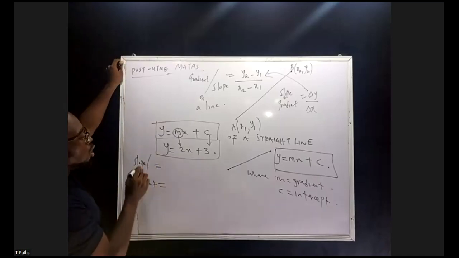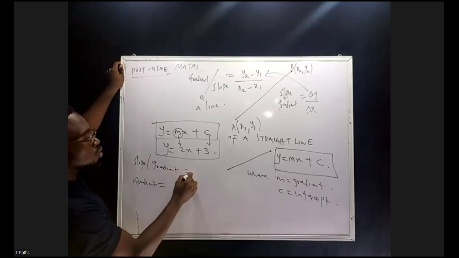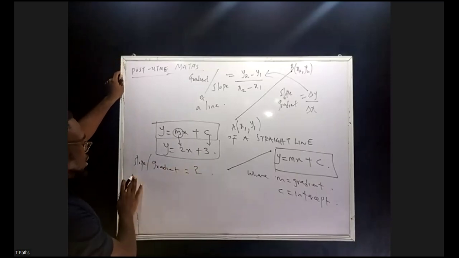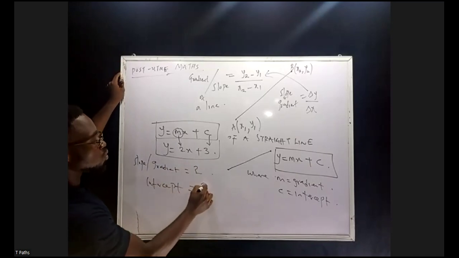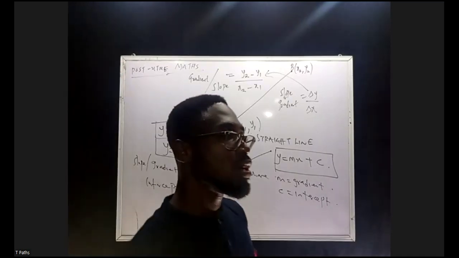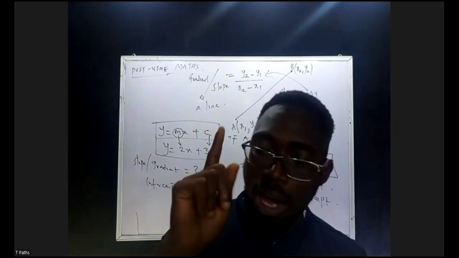So the slope, otherwise called the gradient, is equal to 2, and the intercept is equal to 3. Do you understand that, class? Is that clear?